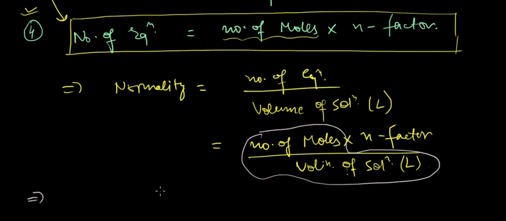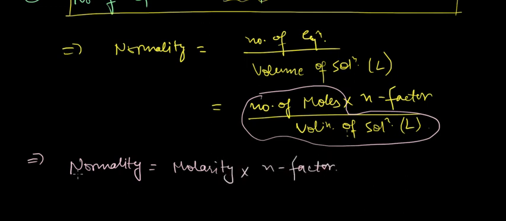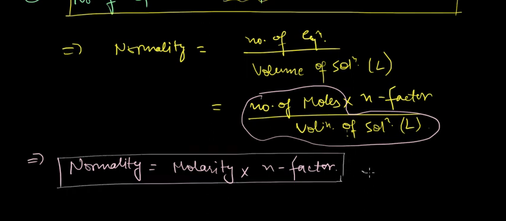So this implies normality is molarity into n factor. Okay, this is a very important relationship, just remember it.